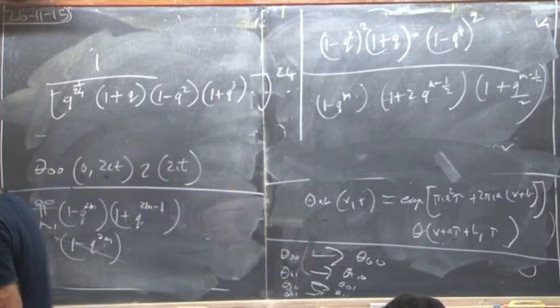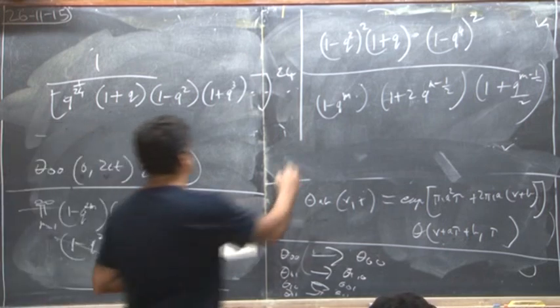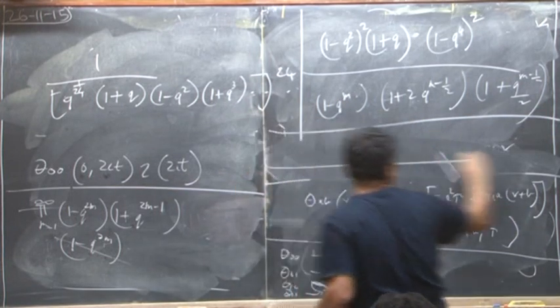Since we've gone so far, I can tell you what that modular transformation property is. For nu equal to 0, so we're only interested in this theta function at 0, it's even simpler.